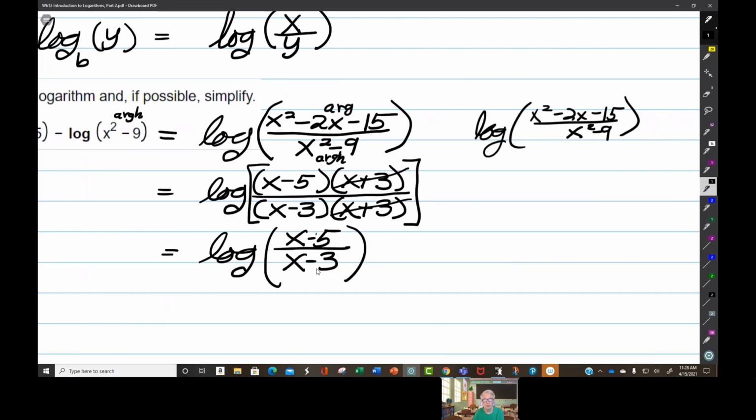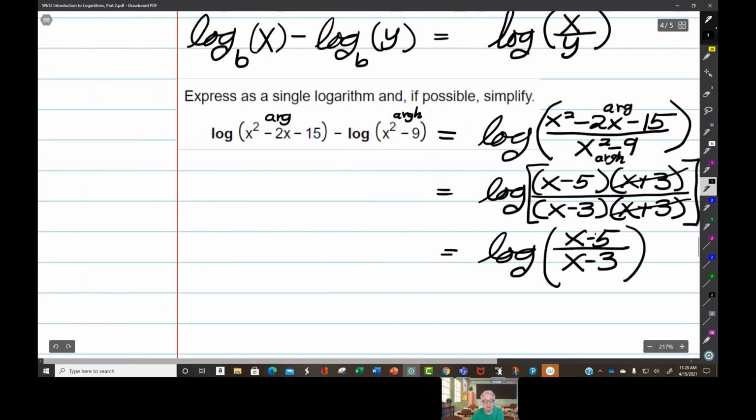The quotient rule, actually putting it to use with something. So I should write quotient rule here.